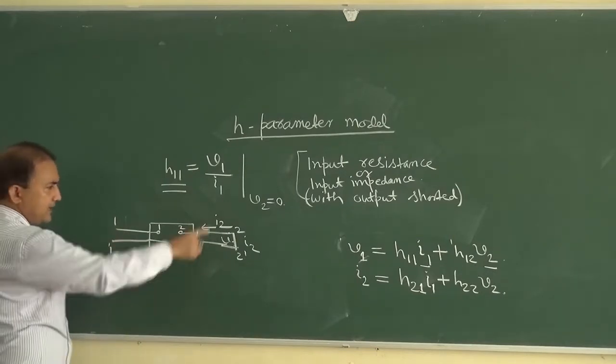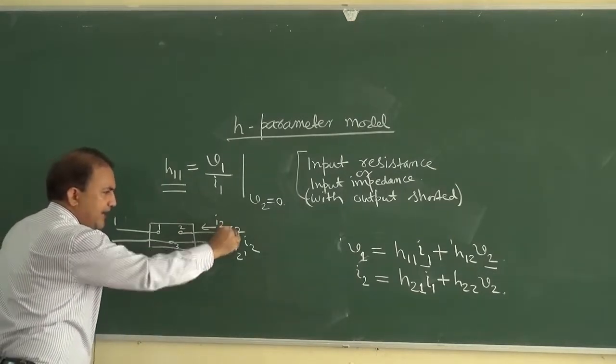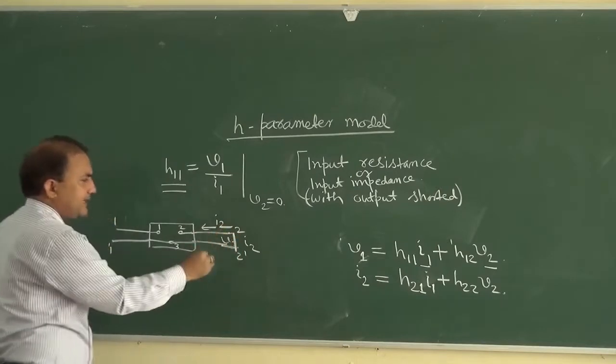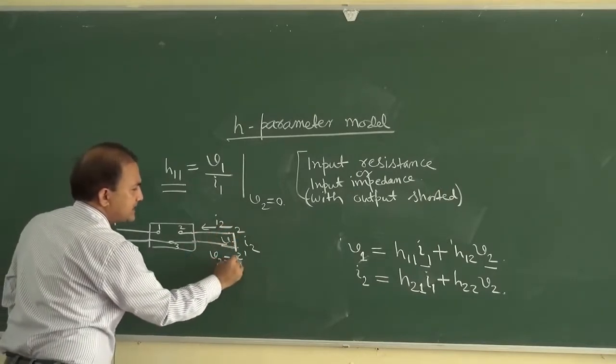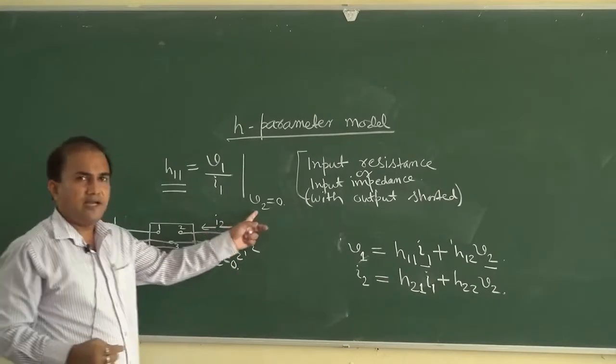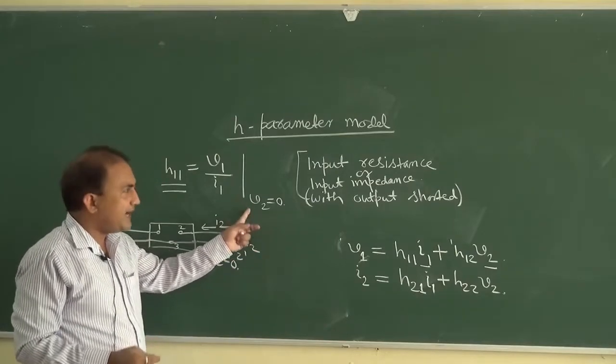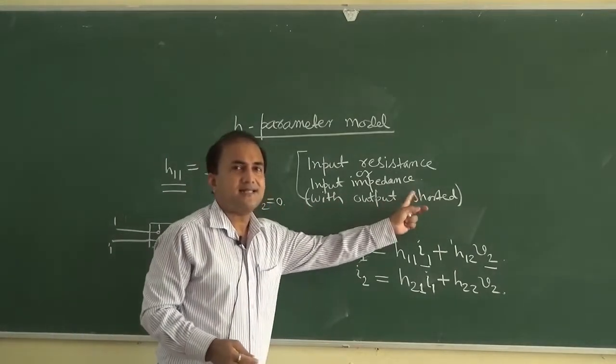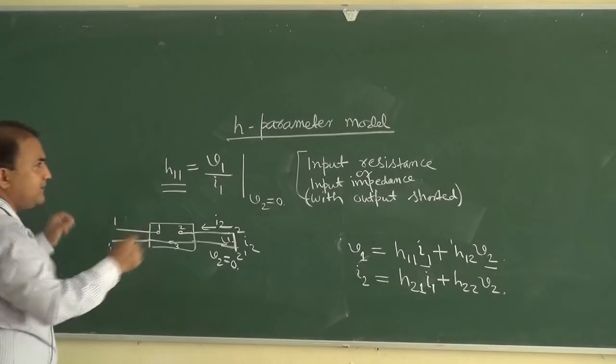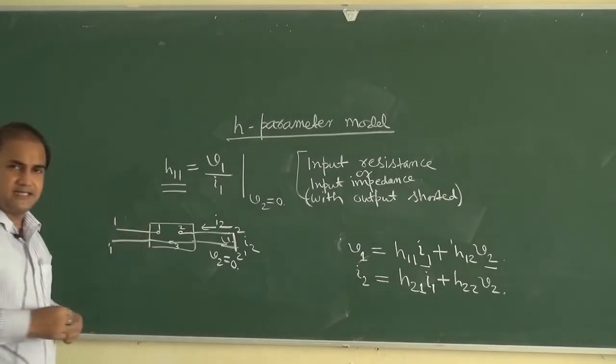If 2 and 2 dash are both shorted, then V2 is equal to 0. So V2 is equal to 0 when the output terminals are shorted. So it is the input resistance or input impedance.